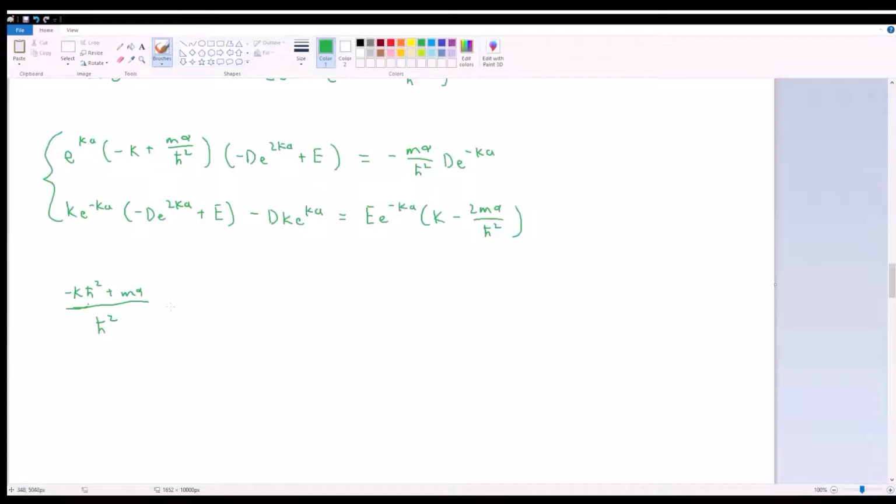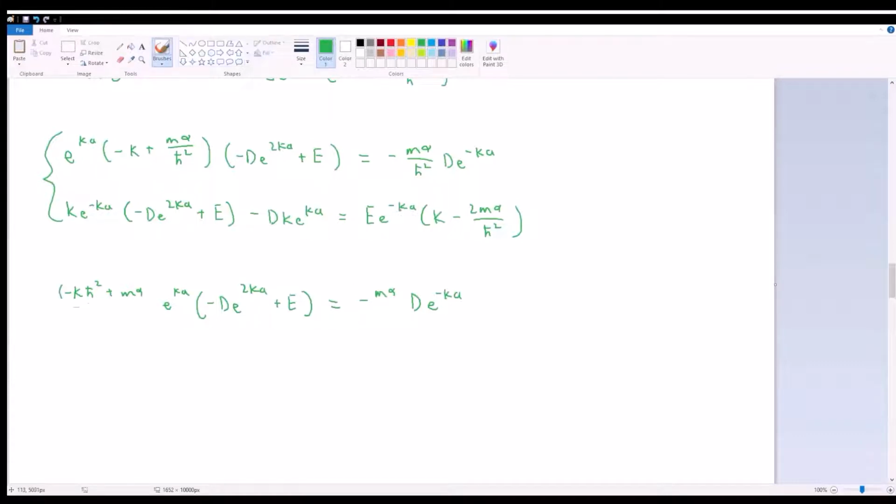And then e^(ka) times negative D e^(2ka) plus E, and this is going to equal negative m alpha divided by h bar squared, D e^(-ka). Immediately, I can cancel out the h bar squared at the bottom of everything and make my life slightly easier.